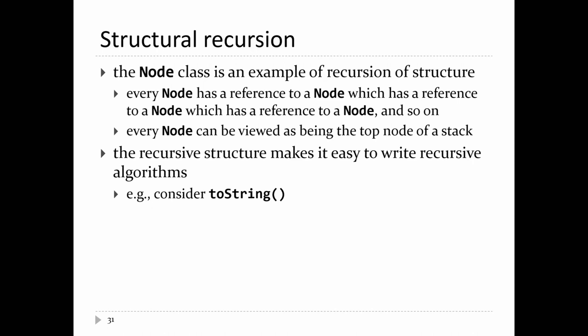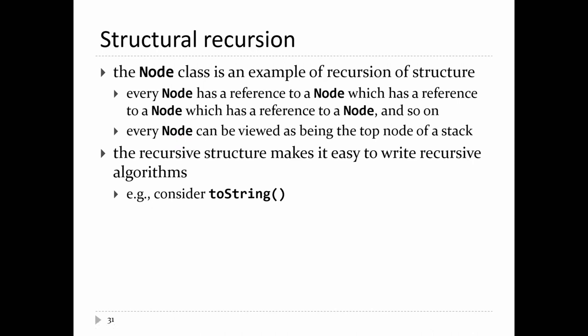Like every other recursive algorithm or structure, the recursion has to end at some point. The way that recursion ends for our node class is that eventually you get to a next link that is null, indicating there are no more nodes in the sequence.